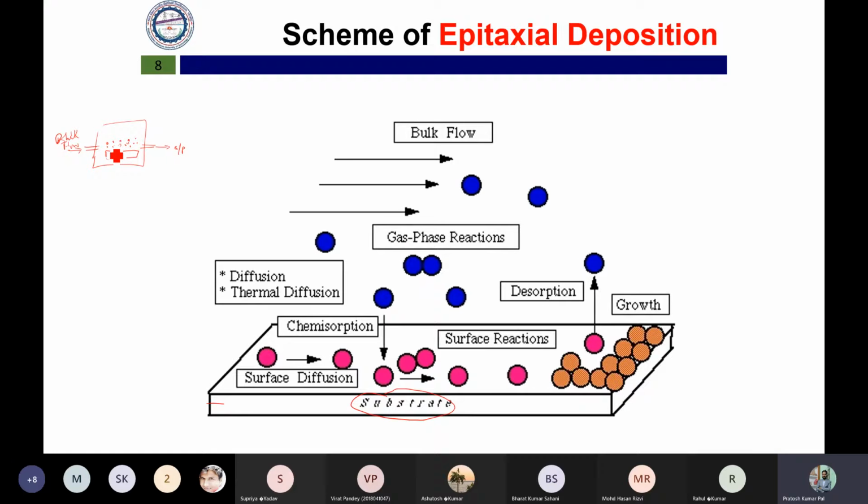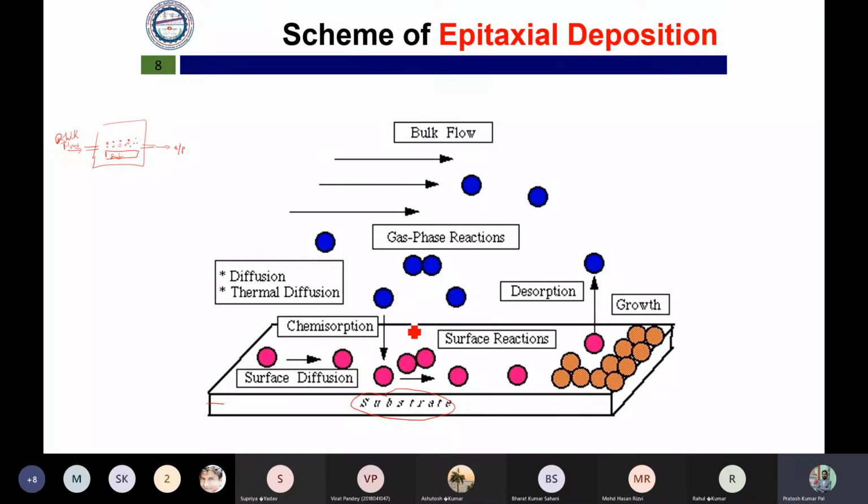While flowing this, some of the reactant will react with the substrate, whatever substrate we are using. So these bulk atoms, in the form of chemical or gas, will have some chemical reaction with the substrate surface.